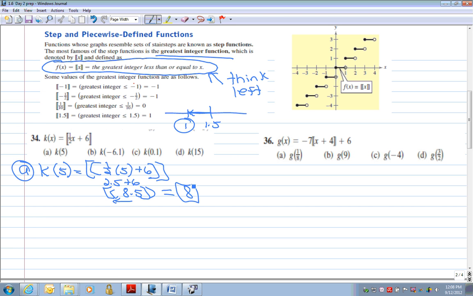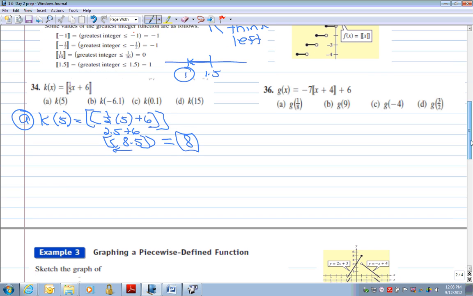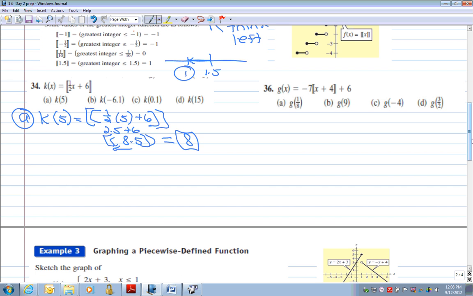Let's look at part B. For B, I'm plugging in -6.1. So again, I'm going to have my greatest integer, and I have 1/2 times -6.1, and then plus 6.